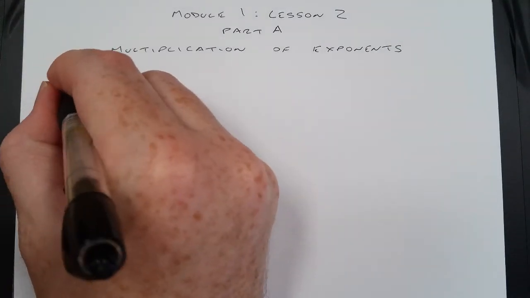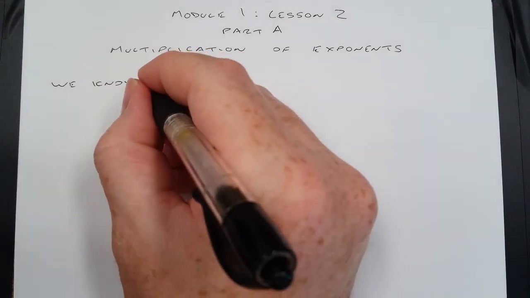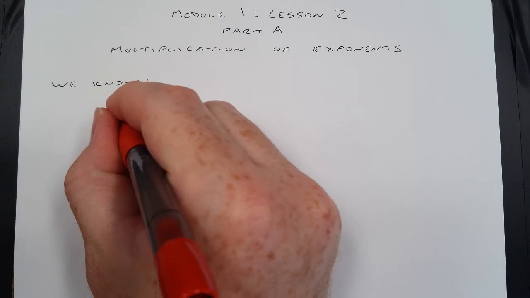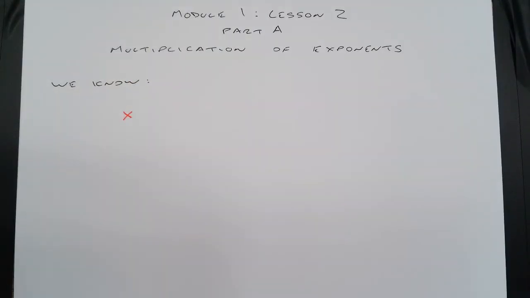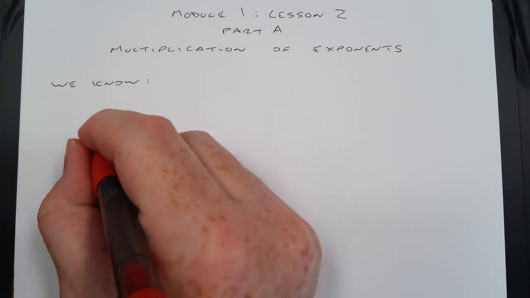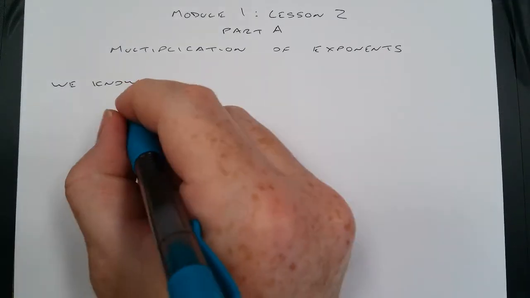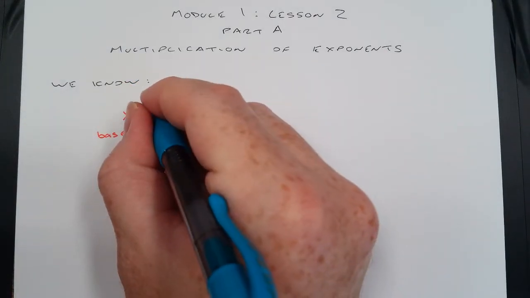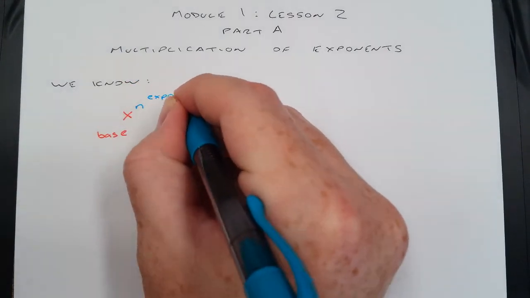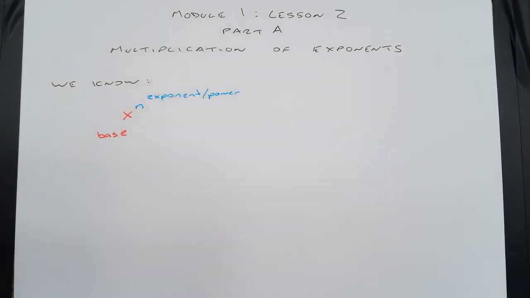Okay, so let's start out with what we know from yesterday. We know that exponential form looks like this, where the x is a number we call the base. And this, the n, is a number we call the exponent, or you'll also hear it called the power.